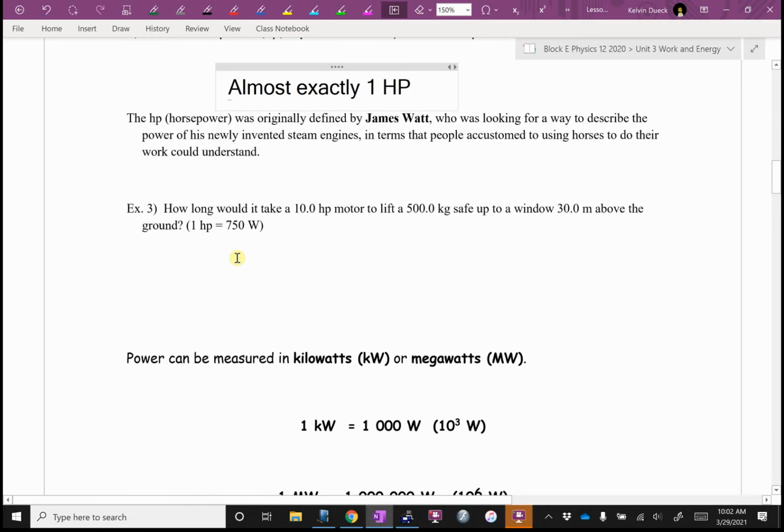So the horsepower was invented or defined by James Watt, who was looking for a way to describe the power of his newly invented, improved steam engines in terms that people accustomed to using horses to do their work could understand.